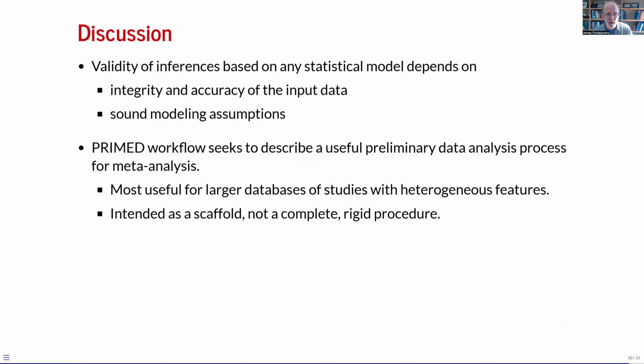I want to emphasize, our primed workflow is really meant to be a scaffold that you can build on. It's not meant to be a complete, sufficient procedure to follow by the letter. It's really meant to be more like inspiration for doing this type of analysis.